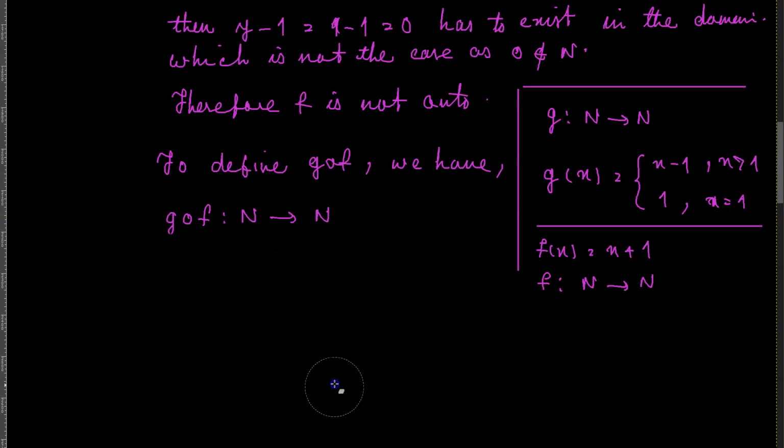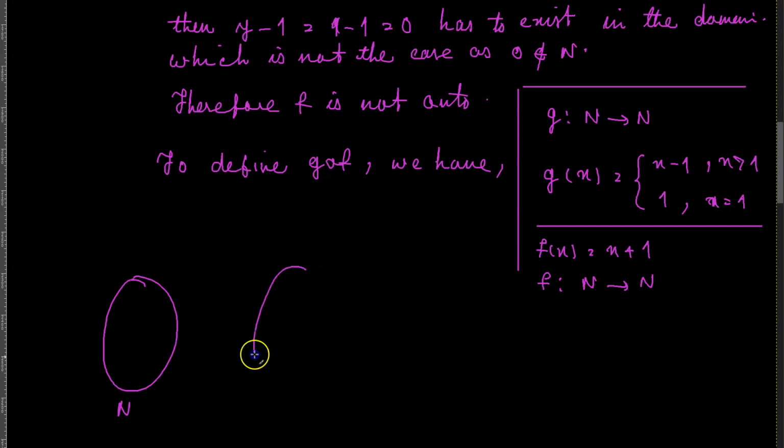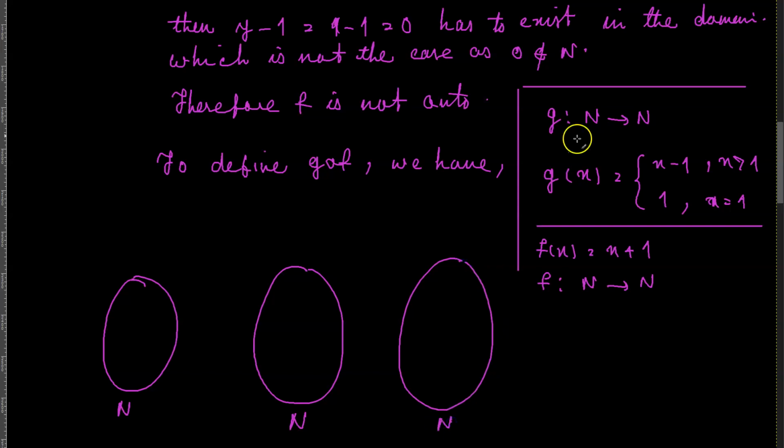So we have f and g. f is defined from n to n. g is defined from n to n, meaning that, for example, let's say that you have the set of natural numbers here, and the set of natural numbers here, and the set of natural numbers here, right?